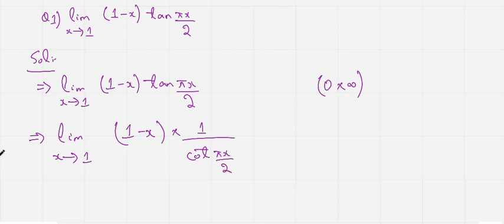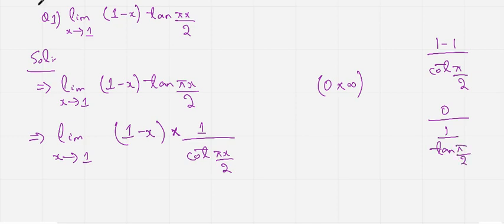Now it is in perfect order to apply L'Hopital's rule, the strategy of differentiation. If I apply the limit on this type, I still get an indeterminate form. If I do it in rough, the numerator is 1 minus 1, which is 0, and the denominator is cotangent of pi by 2, which is 1 upon tan of pi by 2, that is tan 90.